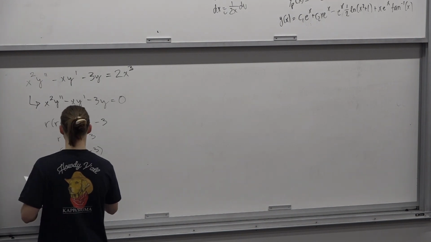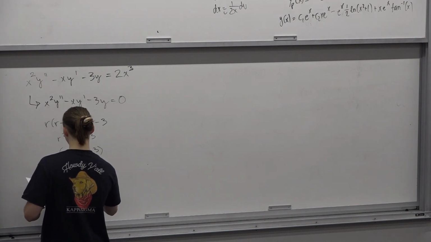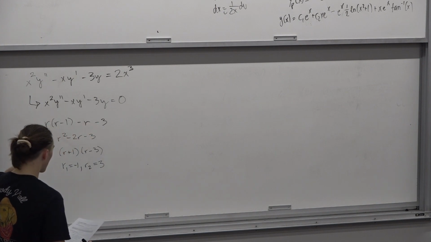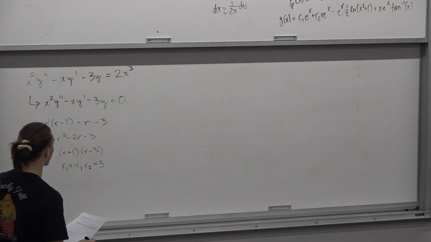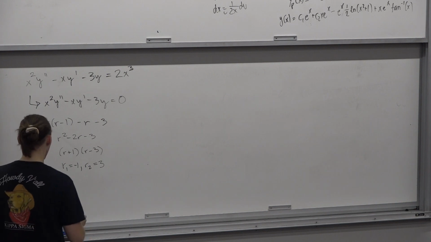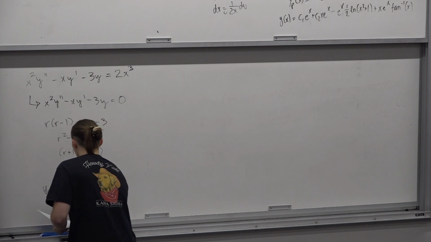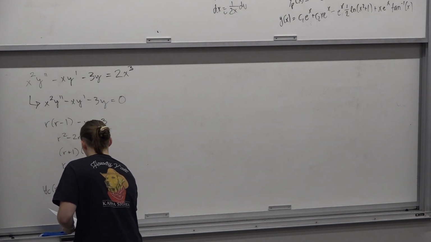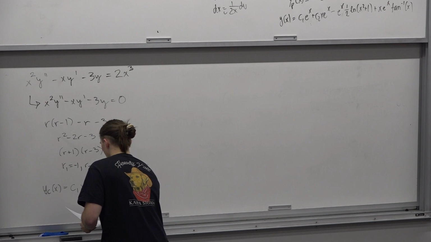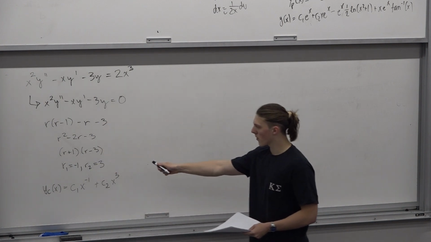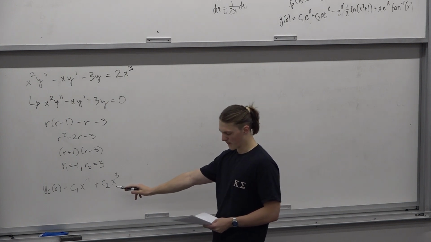So we get our two roots, -1 and 3. And knowing that, we get our complementary solution. They're both real, they're both distinct, we plug it into this equation.